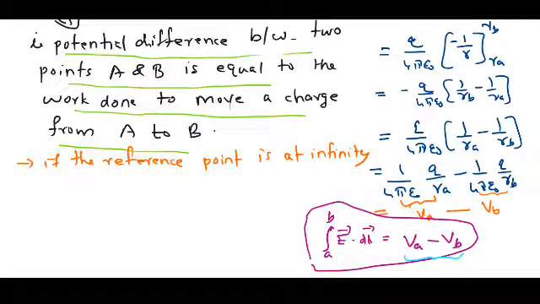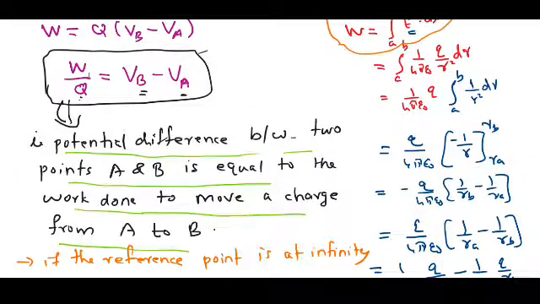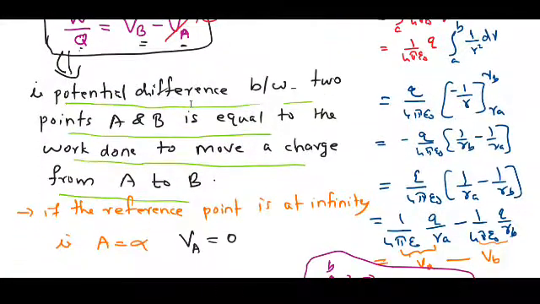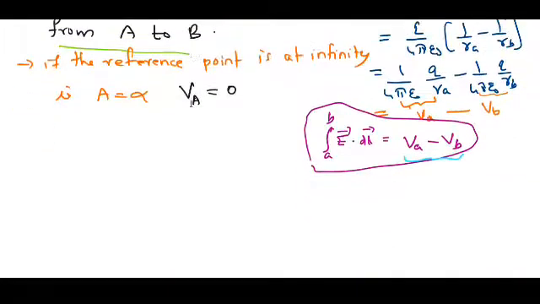In the present problem, the reference point A is at infinity. The potential at the point A is equal to 0. Therefore, in this equation, this term goes to 0. The remaining term is W by Q, that is W by Q is equal to VB.